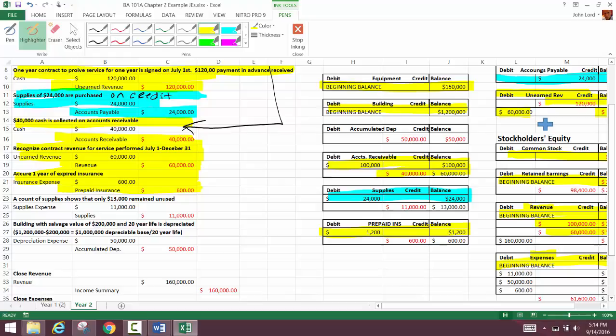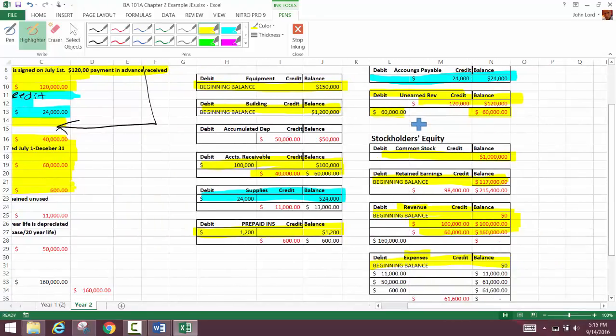And I bought that for 1,200 on January 1st. Well, now a year has gone by, so half of that has expired, hasn't it? Yeah. 600 has expired. So I go ahead and I debit my insurance expense right here. Okay, again, this is my journals, and then I post over to my ledger. I sit here and I debit my insurance expense for 6,000.